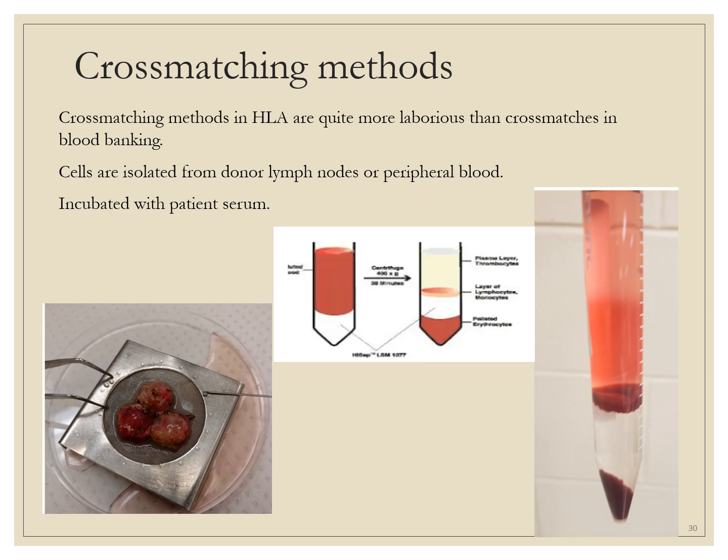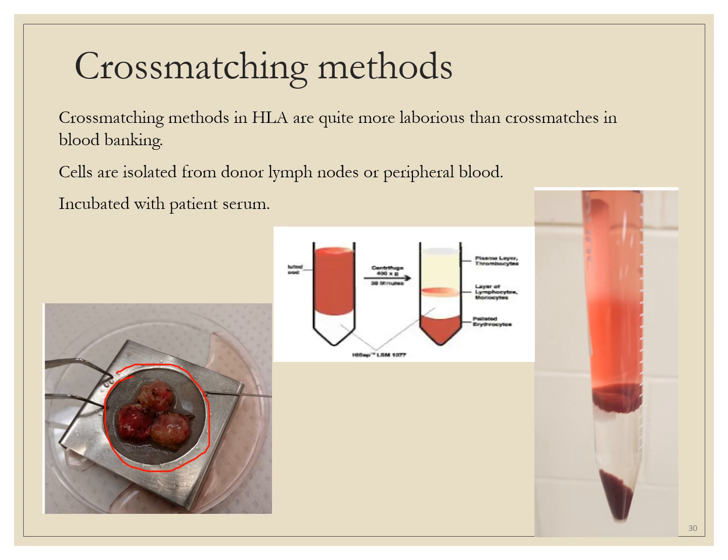Cross-matching in HLA is much more time-consuming than cross-matching in blood banking. Basically, you need to isolate the donor lymphocytes, which you may get from peripheral blood, or if it's a deceased donor, you'll get lymph nodes, which you can see here.